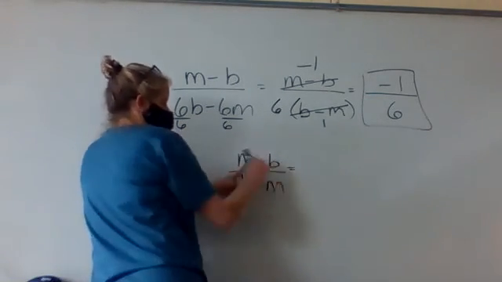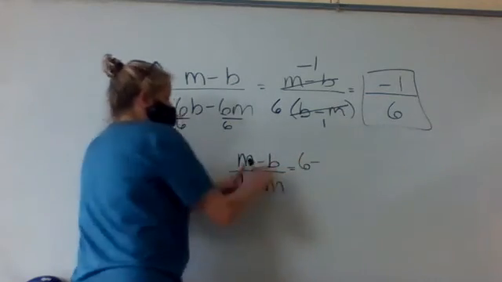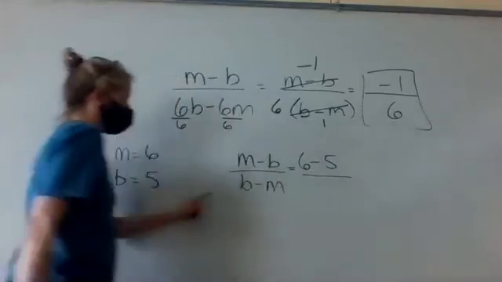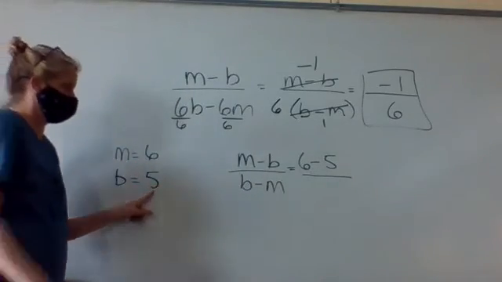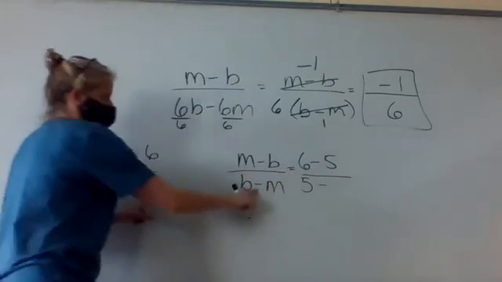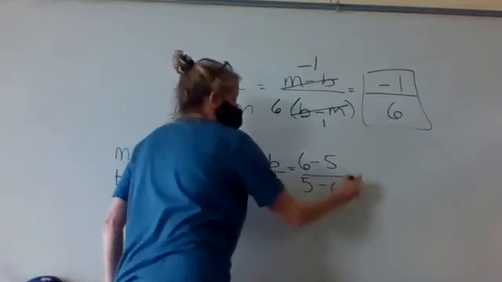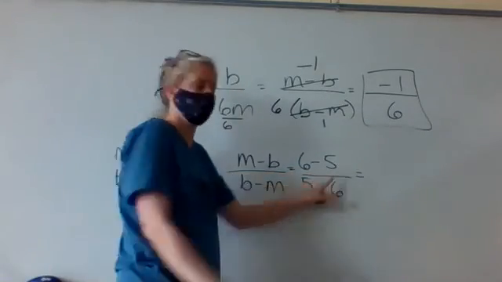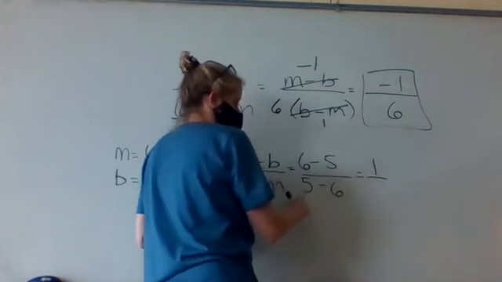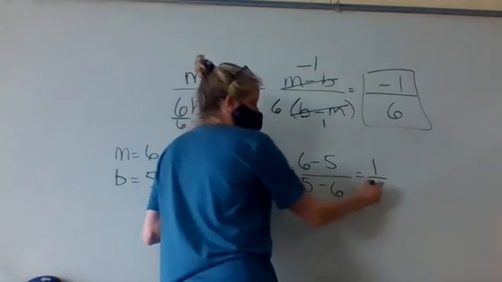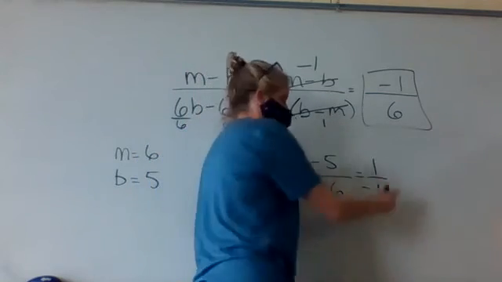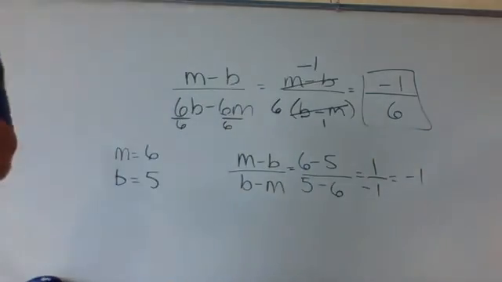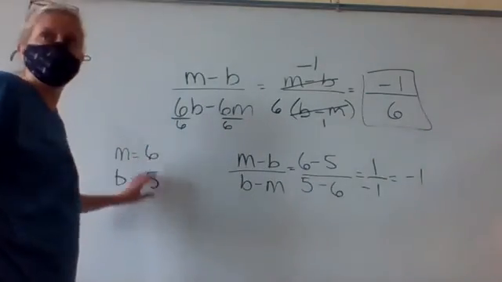So 6 minus 5, over 5 minus 6. What is 6 minus 5? What's 5 minus 6? What's 1 over negative 1? Negative 1.